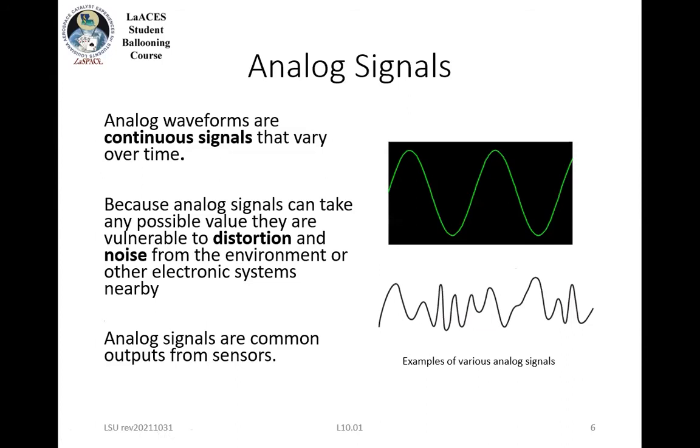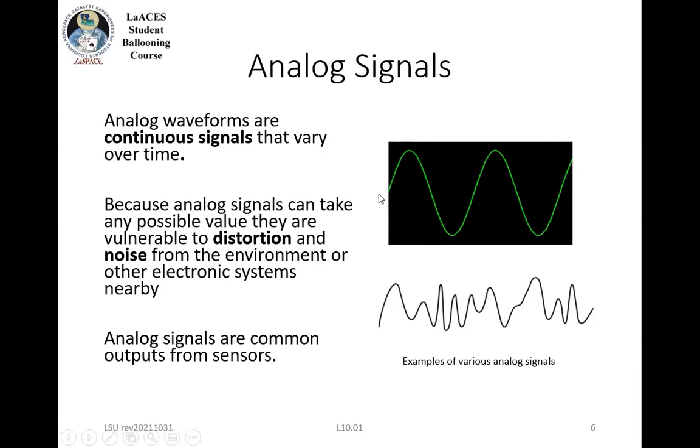So I think we've also mentioned this before, but we've got two types of signals in another way. We've got analog and digital signals. When we're talking about analog signals, we're talking about some continuously varying signal over time. They can basically take any possible value between their minimum and max.